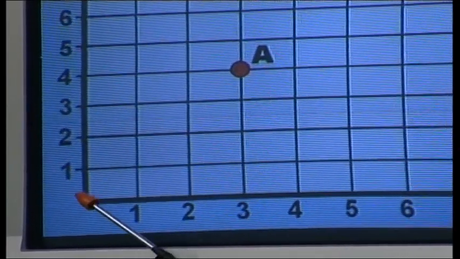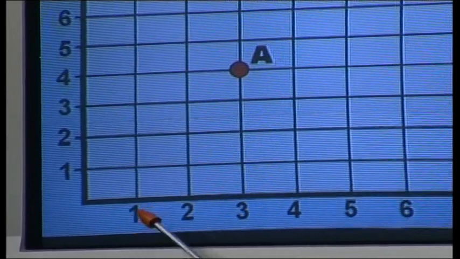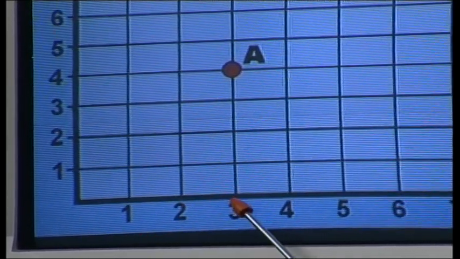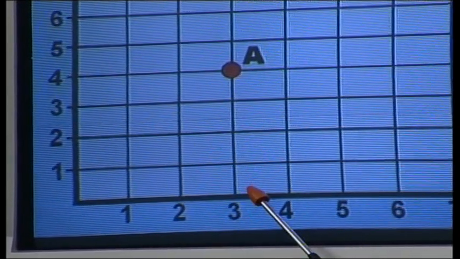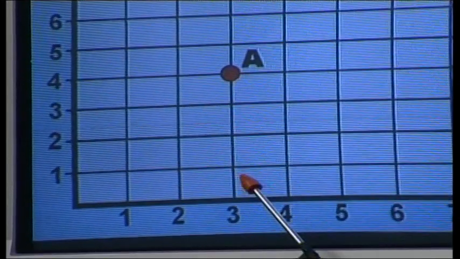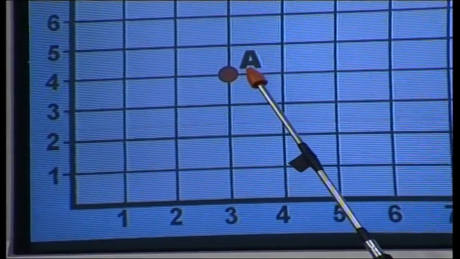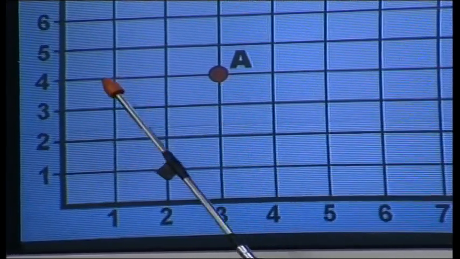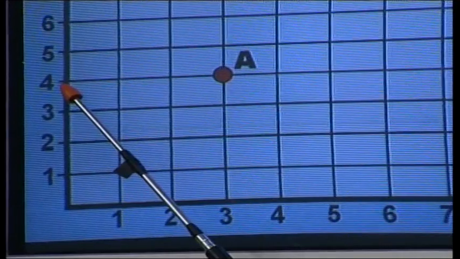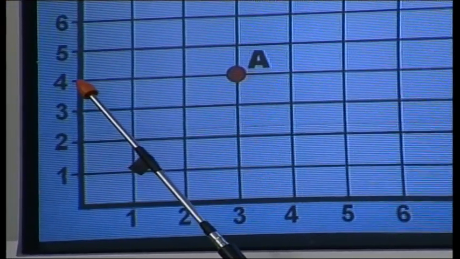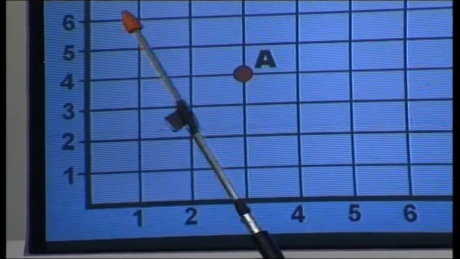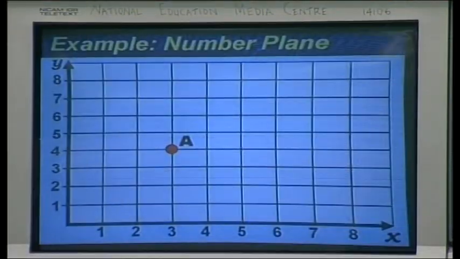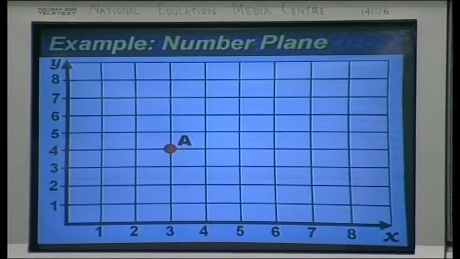We'll read from this end. We have 0, 1, 2, and 3. So the x-axis is 3. Upwards, where we stop now, this is where we take the reading of the y-axis, and here we have stopped at number 4.